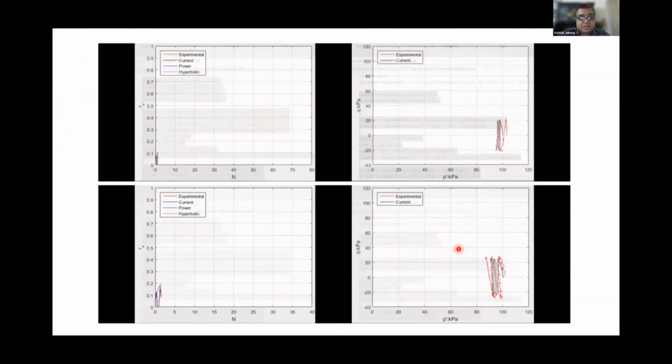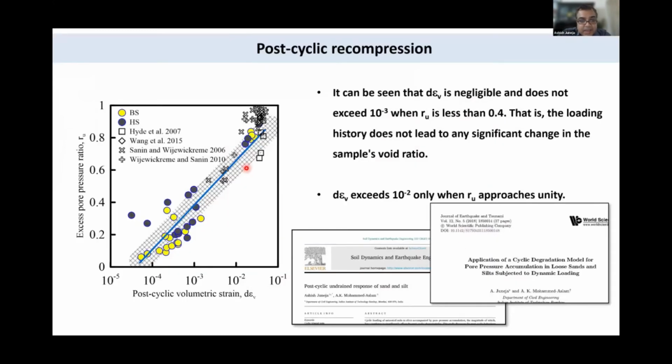So after the cyclic loading is over, we are looking at the volumetric strain in the sample against the pore pressure response. The volumetric strain is your change in void ratio over 1 plus void ratio. That's the horizontal axis. What you see is that samples with high pore pressure ratio and low pore pressure ratio can still be strung along a single line.